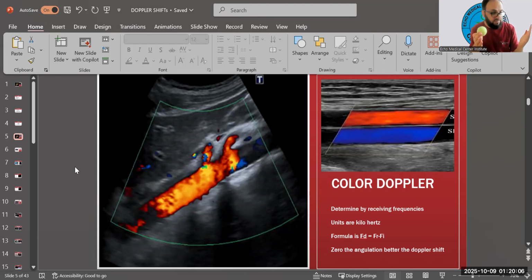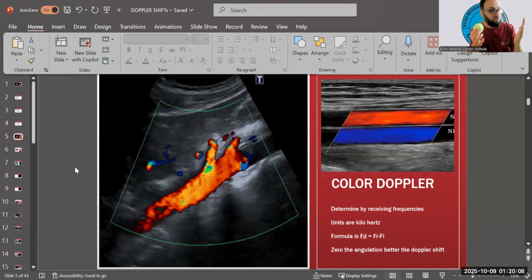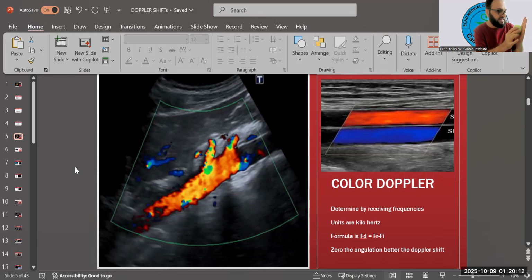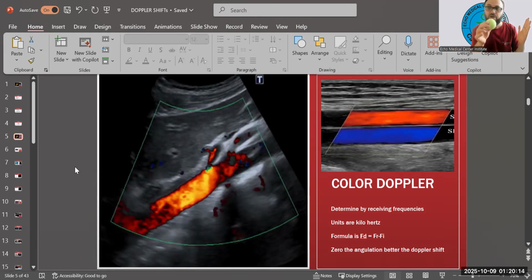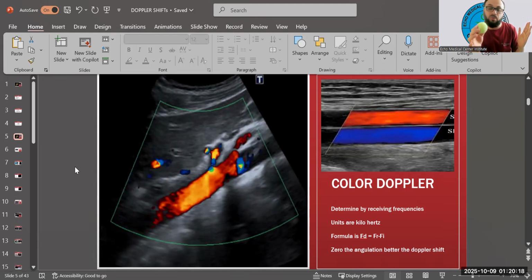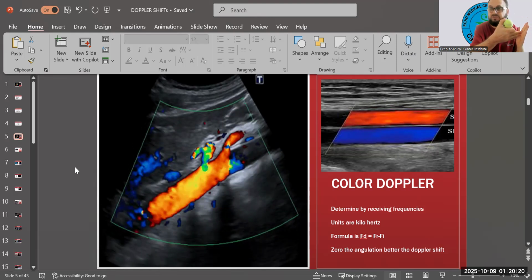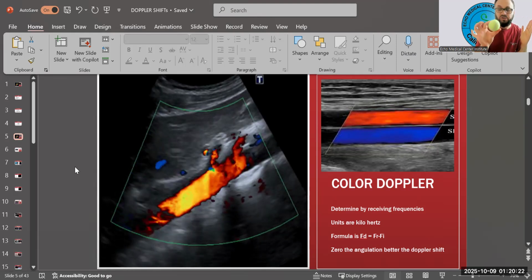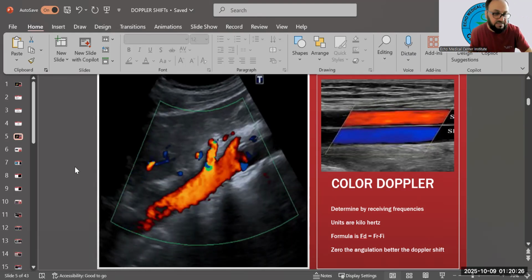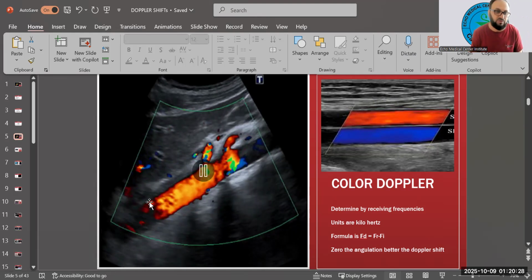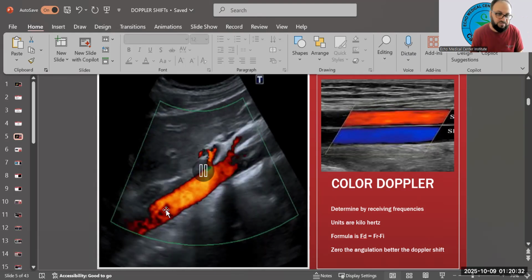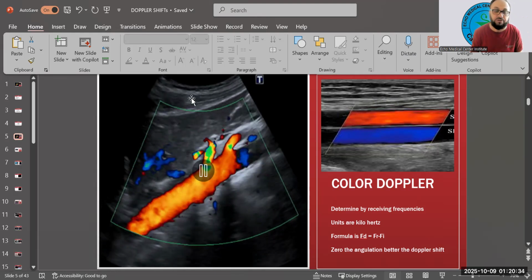When the car is coming towards you, you throw this tennis ball, it hits the car, and then bounces back. The speed of the bounce back is a lot more than what it was in the transmission mode. Exactly, that's the same story you can see in this blood flow. Between the reception here in the abdominal aorta, we get more.